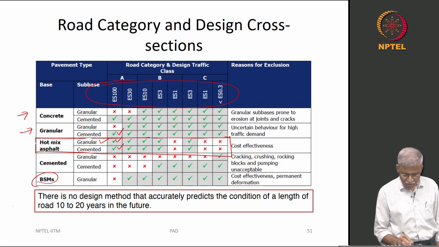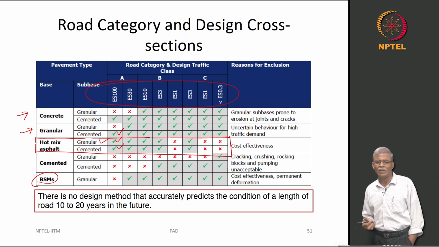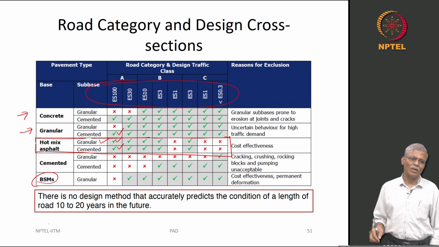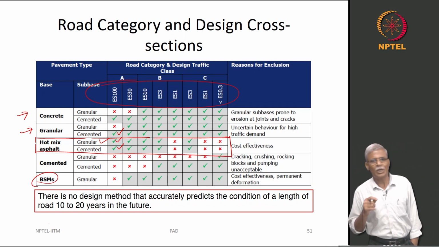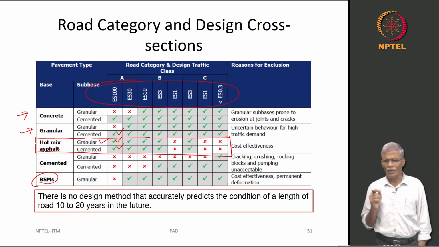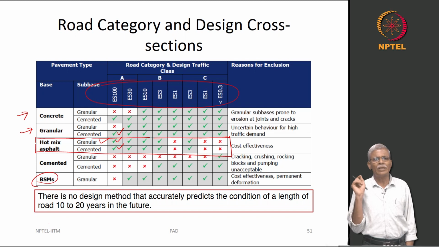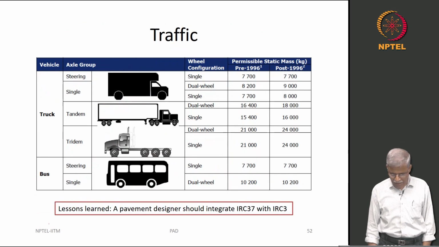So, this is bitumen stabilized material, this is more like a recycled material, and the most important statement that they make, which I have copied and pasted here, is there is no design method that accurately predicts the condition of a length of road 10 to 20 years in the future. This is a very important aspect that we all should understand.